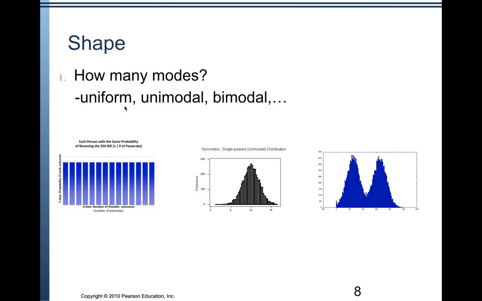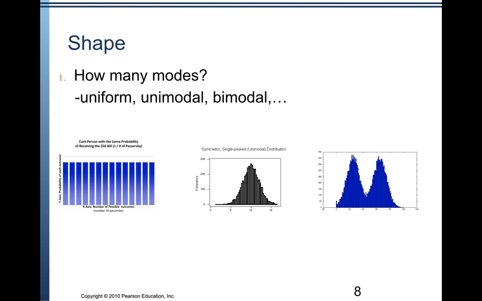So the shape of a data set: one of the parts of the shape is how many modes the data has. You might remember from middle school, you learned about something called the mode, and the mode was always the number that occurs the most in a set of data.